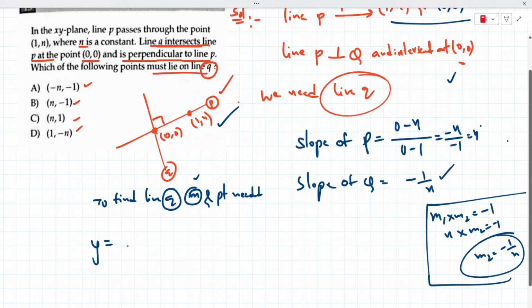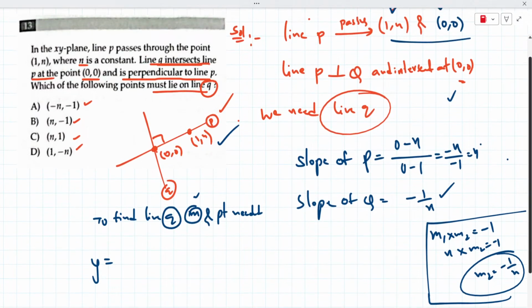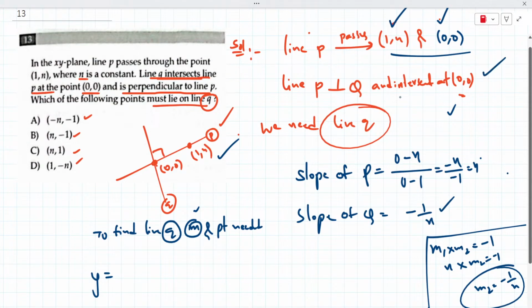Now we need one point. So (0, 0) is on this line, right? If I use the slope and this point, I get the equation: y minus y1 equals m times (x minus x1).